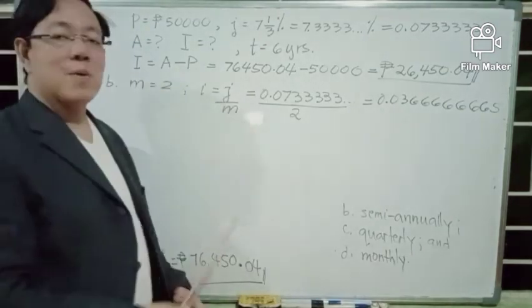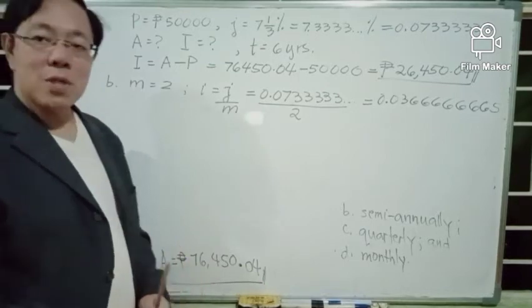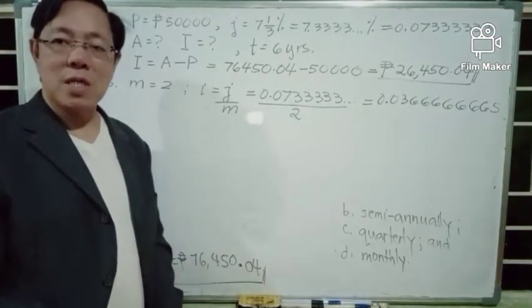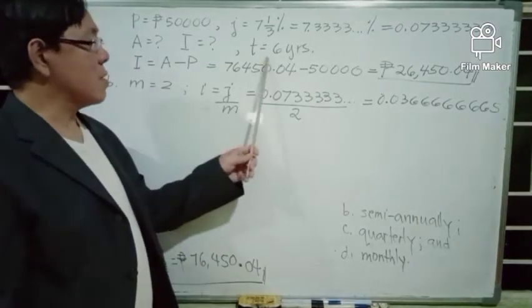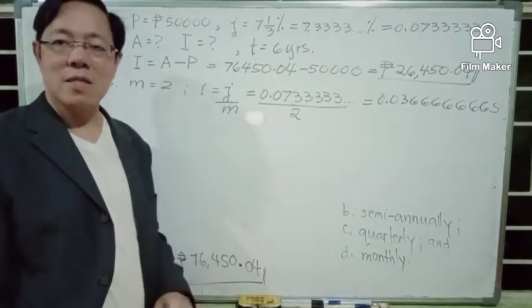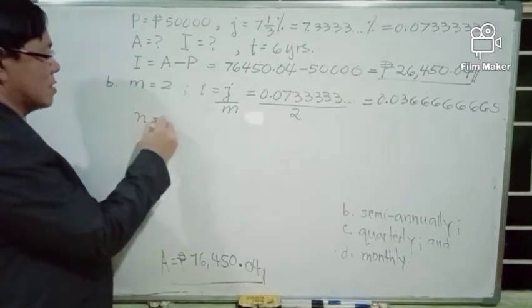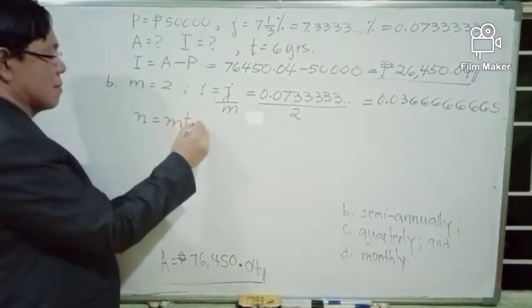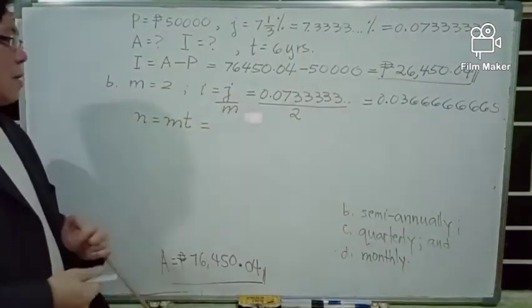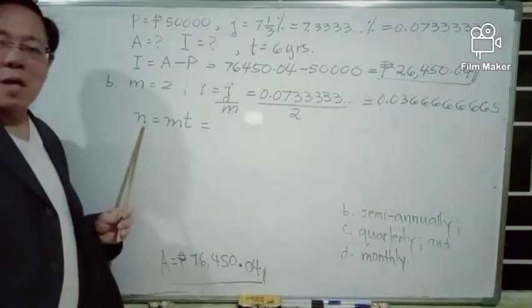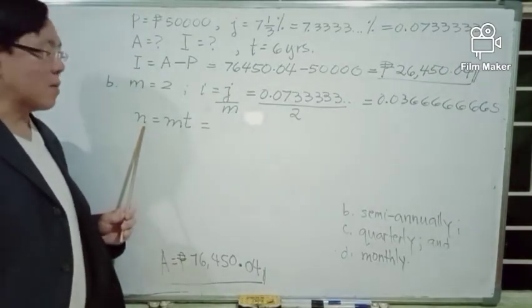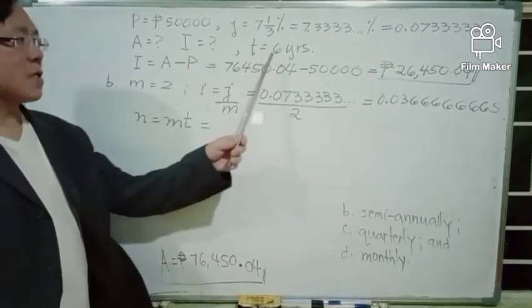For 6 years, we find the total number of times that interest will be computed, and that is given by N. N equals MP. N is the total number of times that interest will be computed for 6 years.